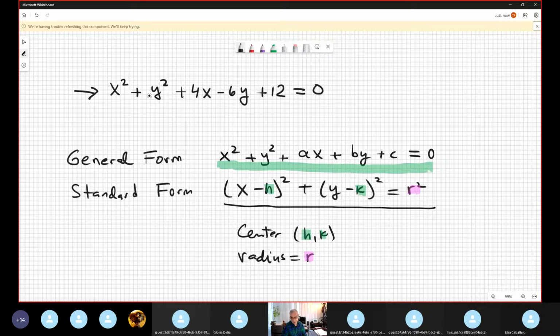What is the question, Professor? Well, actually, we have two questions. Question number one: the equation is given in general form, convert it to standard form. This is my first goal. And my second goal, why not do the graph of that circle.